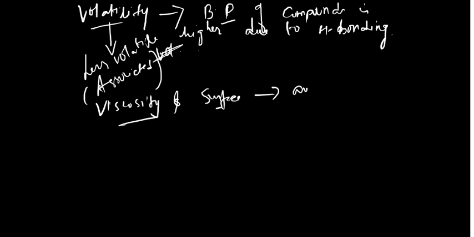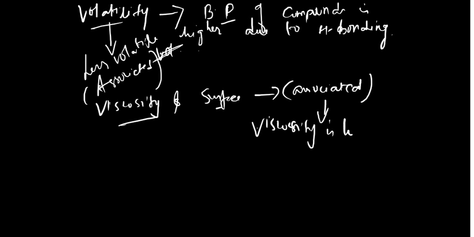Since you have association due to hydrogen bonding, the substances which contain hydrogen bonding exist as associated molecules, and due to this association the viscosity decreases, right.